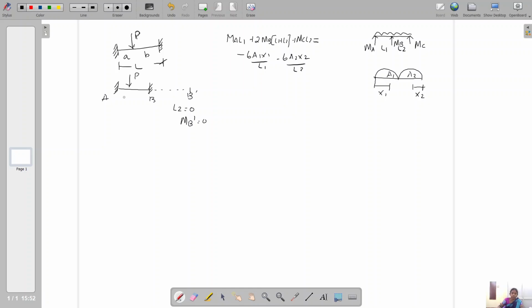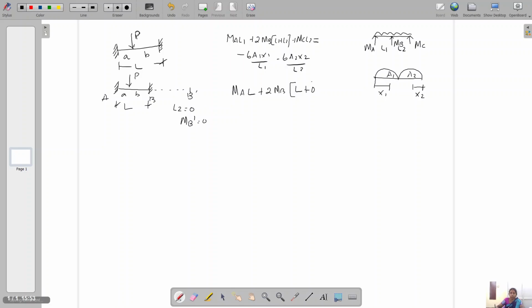Here we consider a point load at a different span location. Definitely support A is a fixed support, so moment at A will exist, and the span is L for the L1 span. So MA into L plus 2MB also exists because it is a fixed support, with L1 as L but L2 equal to 0.